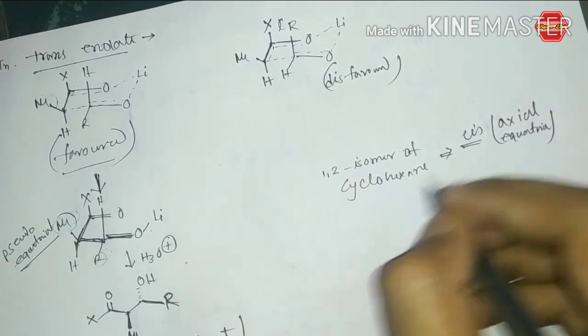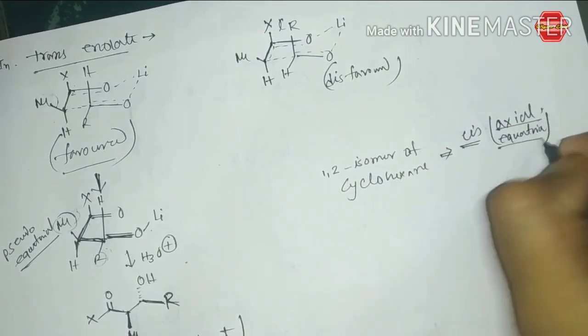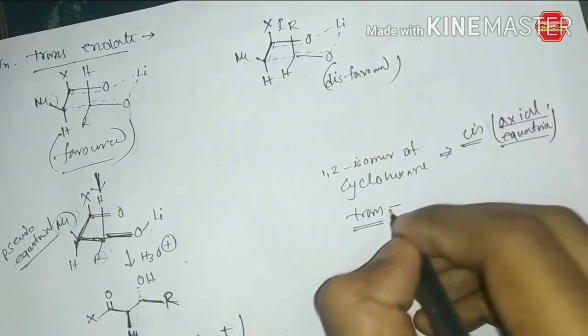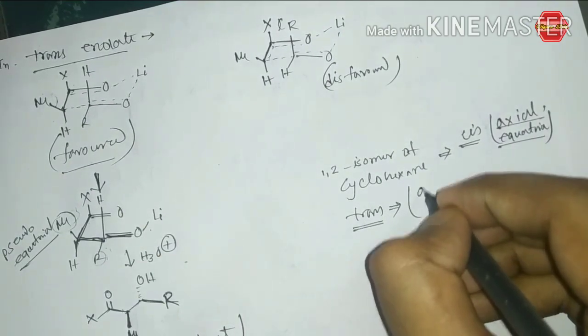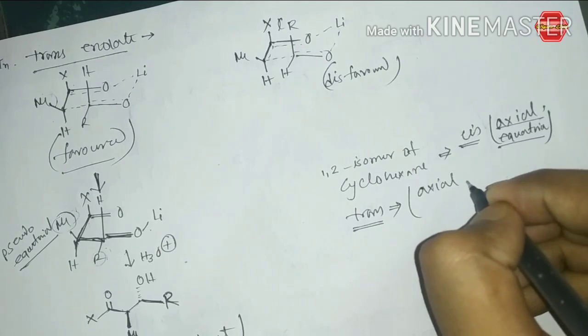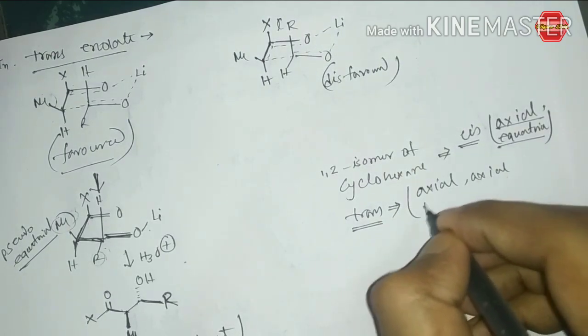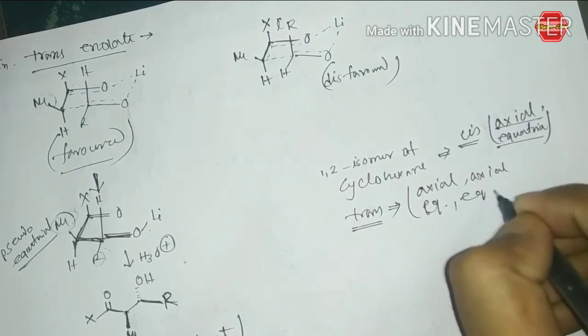But when they are trans, both groups are either both axial or both equatorial.